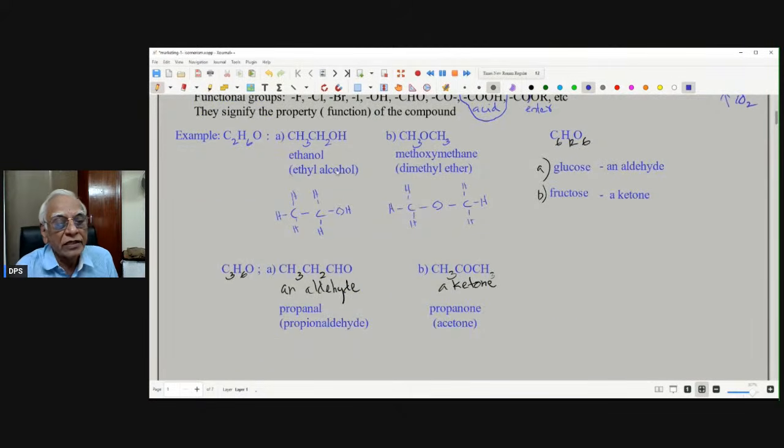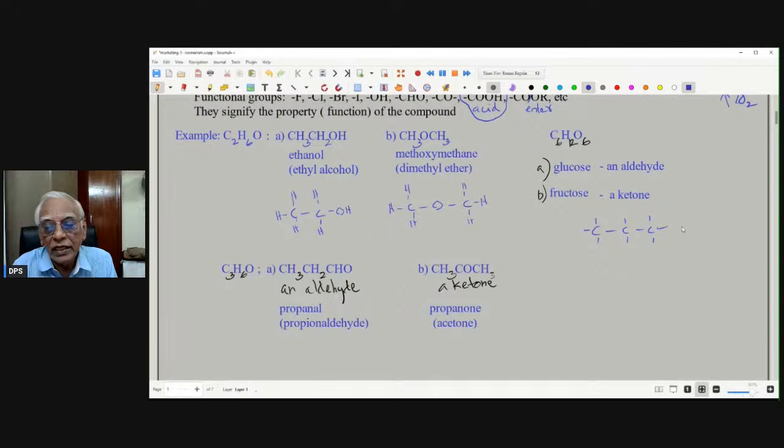Let me take the simplest example, C2H6O. This is the molecular formula of a compound containing 2 carbon atoms, 6 hydrogen atoms, and 1 oxygen atom. Now, it can be written in 2 different ways. As I told you, carbon atoms can combine among themselves in any fashion, and each carbon atom has a valency of 4.